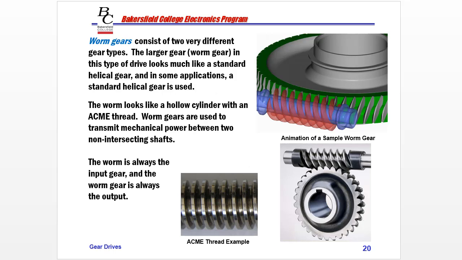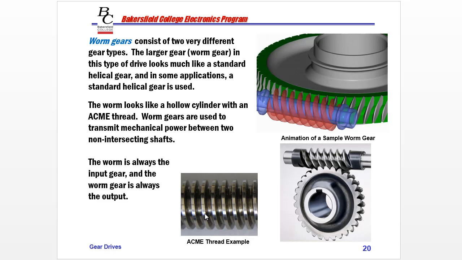Worm gears are another set with non-intersecting shafts, usually again at 90 degrees. The larger gear is called the worm gear, that's this here, and then the smaller is called the worm. The worm looks like a hollow cylinder with a thread, an Acme thread.